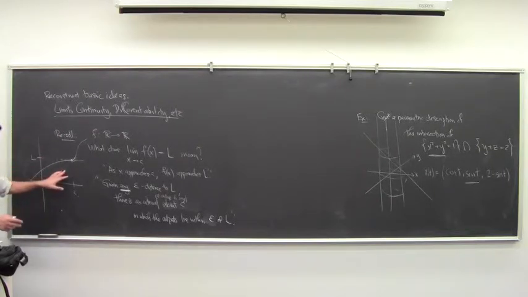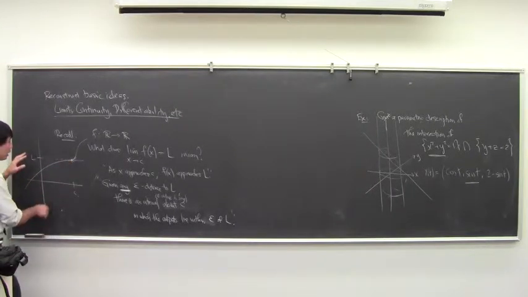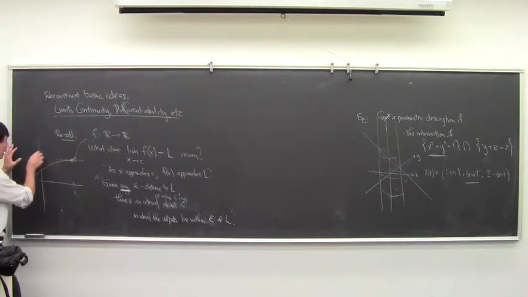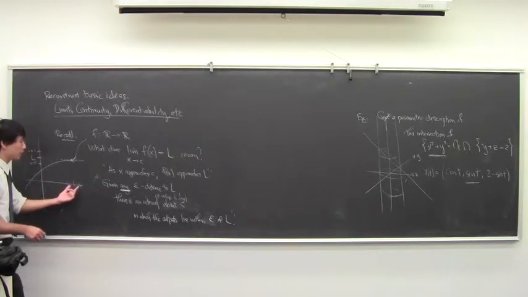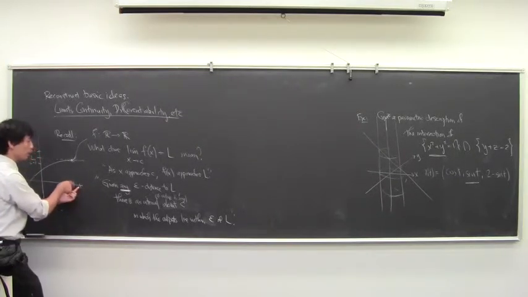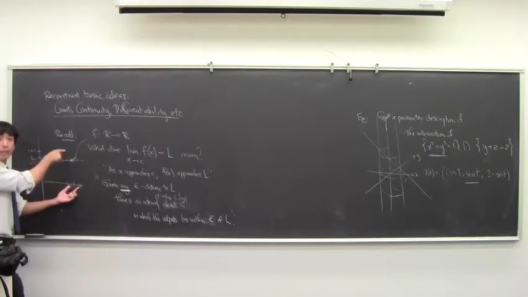Here's something that we say should have a limit of L. As you get closer to c, the outputs get closer to L. Notice what happens if somebody demands that the outputs stay within 1 of L. Well, I can find an interval about c in which the outputs satisfy that.